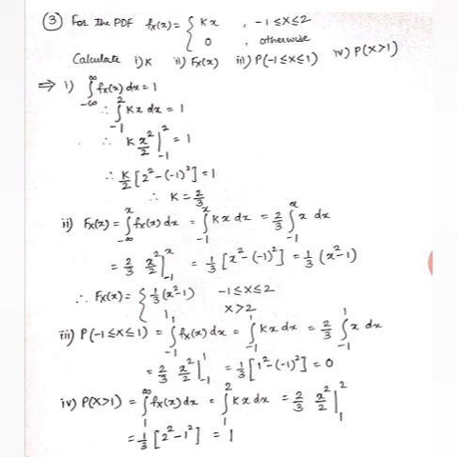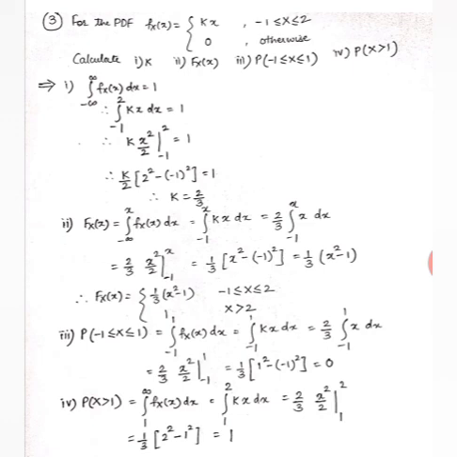Then the fourth thing that we need to calculate is the probability that the random variable x takes a value greater than 1. Again we put it in integral format: the integral from 1 to infinity of fX(x) dx. For us the upper limit is 2, because it's defined only in the range -1 to 2, and the lower limit is 1.